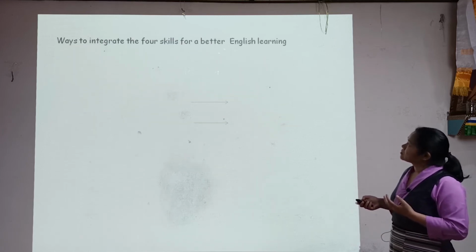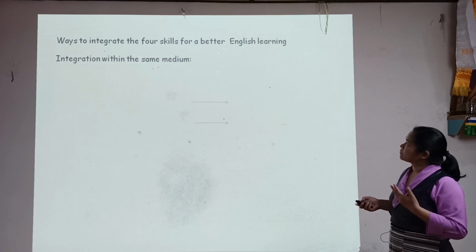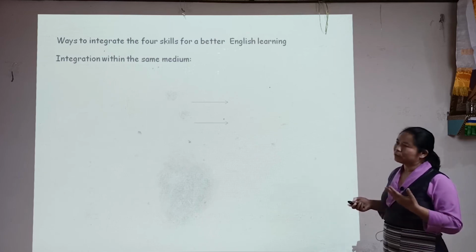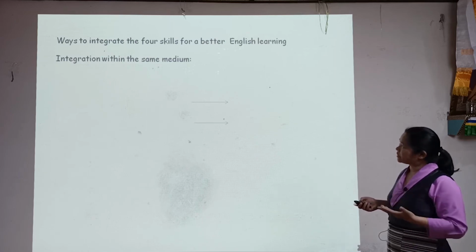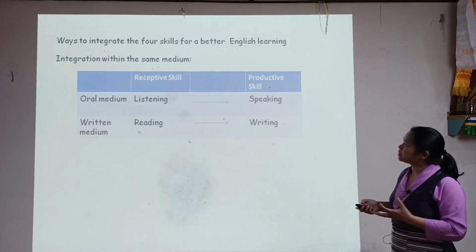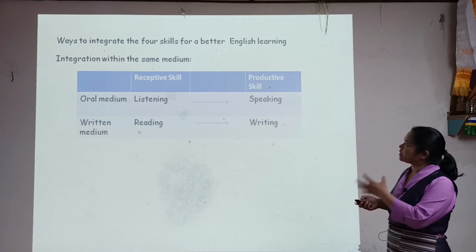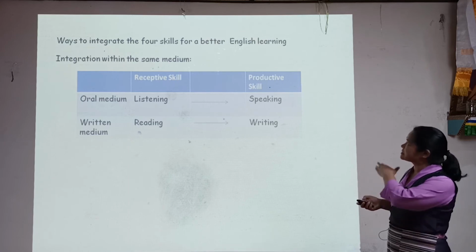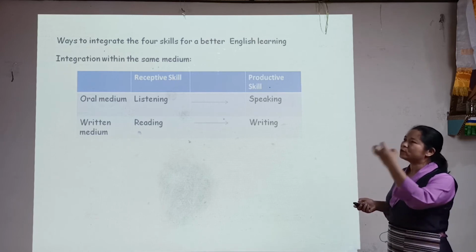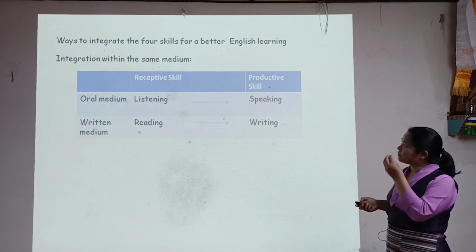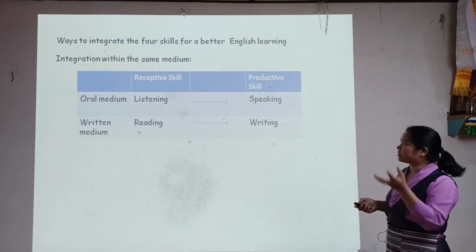The simplest way of integrating the four skills is combining them in the same medium. For example, the oral medium. We have two oral skills, listening and speaking, where we use sounds. If we combine listening and speaking, it is very easy.